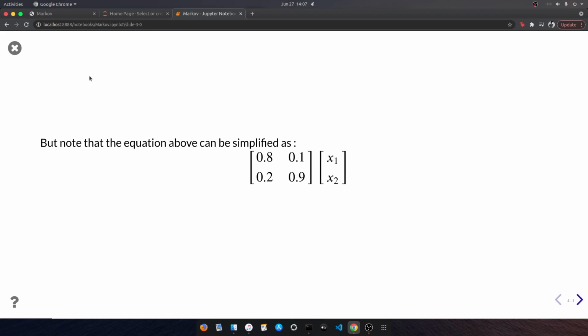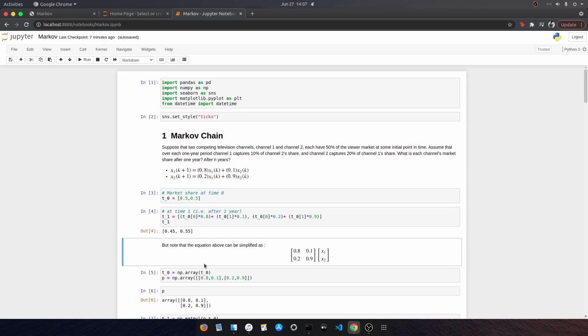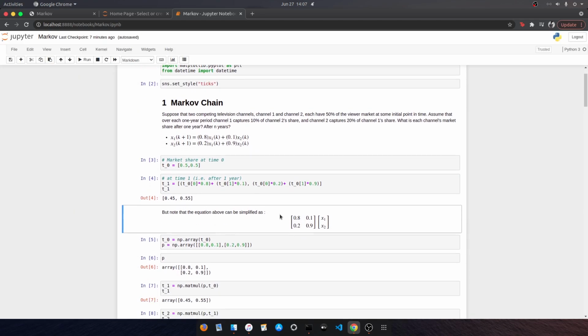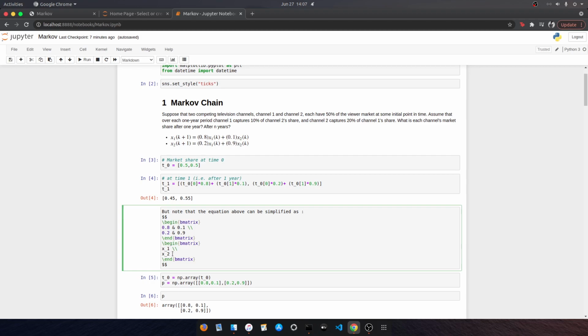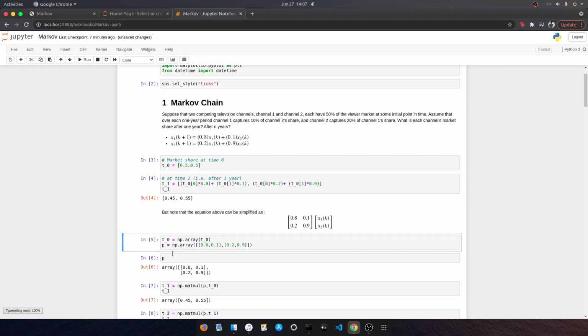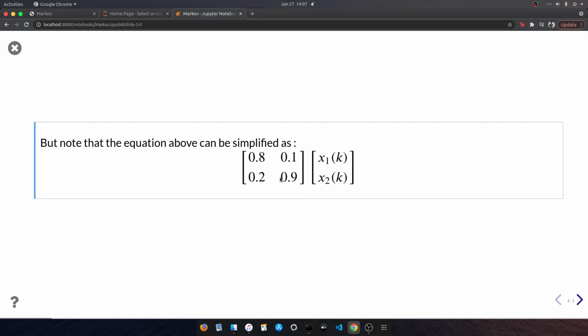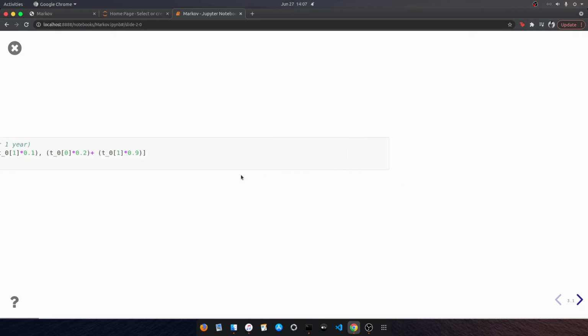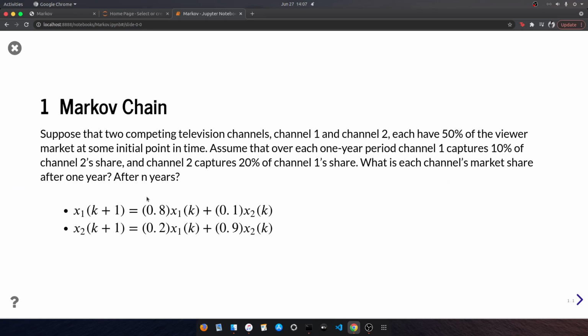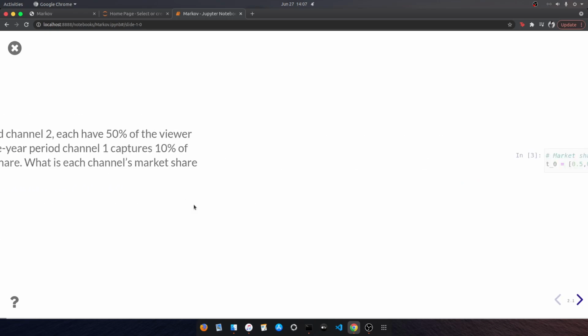Actually, I made a typo here. This should actually be x sub 1 of k, just to make it more similar to what we have seen earlier. So again, going back, this product is simply equal to this linear system.